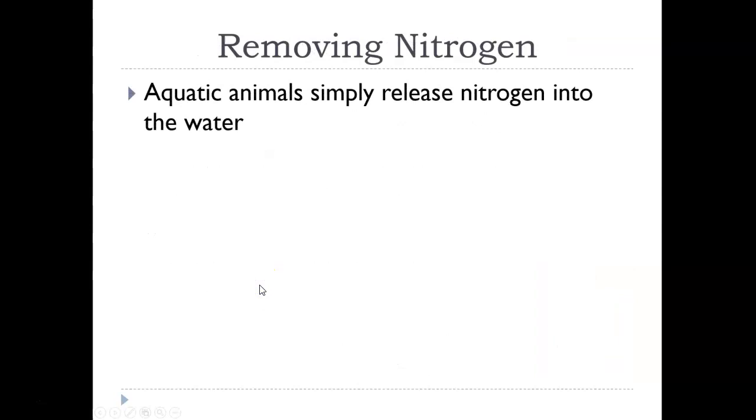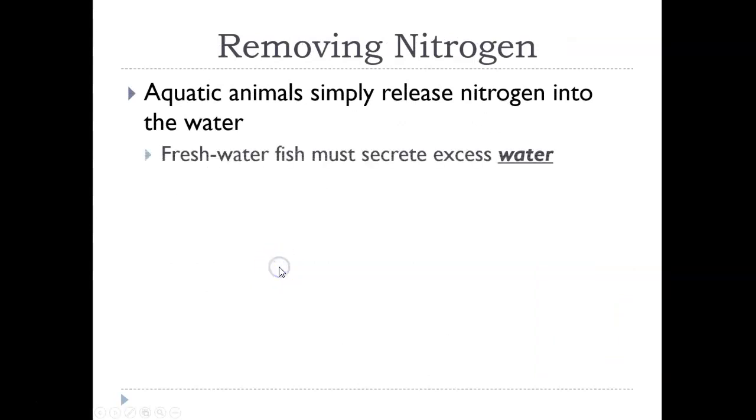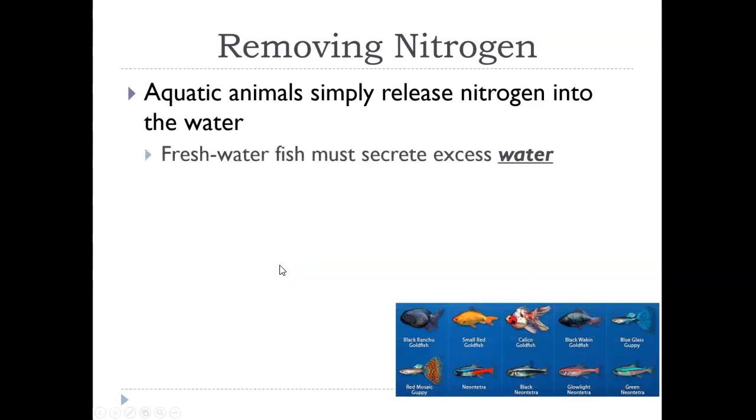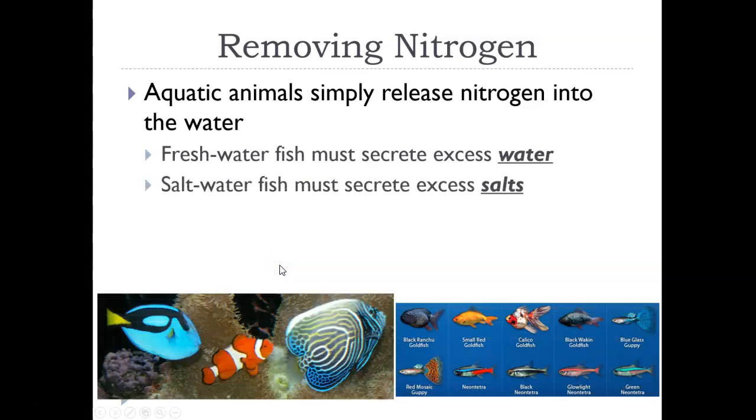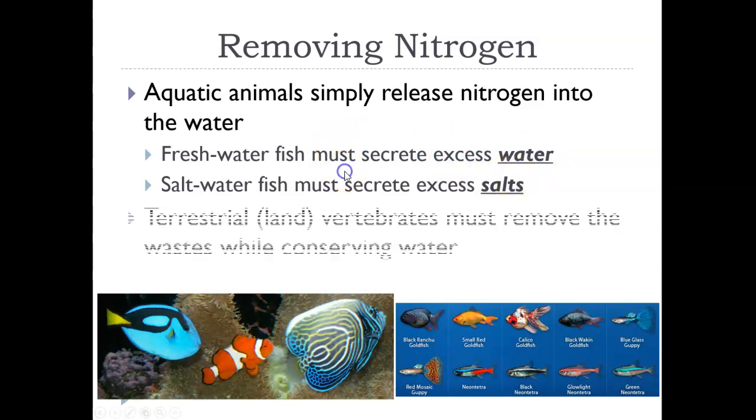So aquatic animals simply need to release the nitrogen into the water. Freshwaters must secrete excess water, whereas the saltwaters must secrete excess salts. They need to get rid of those salts because when they inhale, they're getting the salt water. Whereas freshwater animals are getting rid of excess water because they're obviously swimming around in fresh water, so they have water inside and outside.